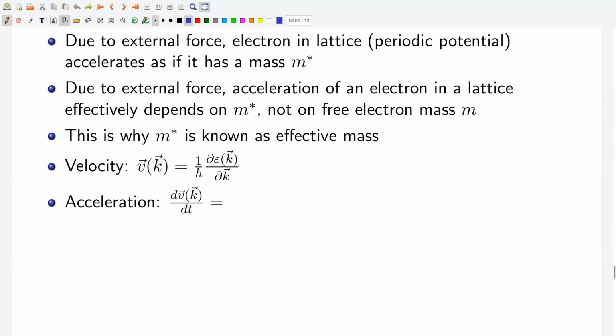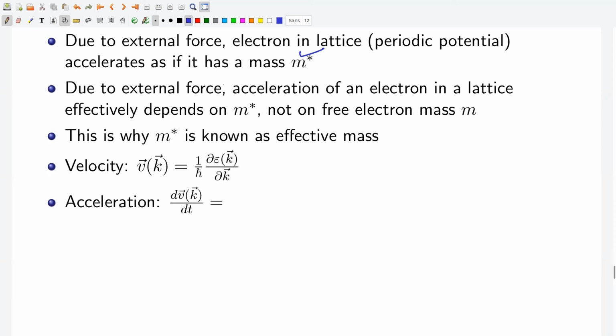We already have seen the connection between curvature and m star of the electron. m star has the dimension of mass and we call it the effective mass. Let me explain why we call it effective mass. An electron in a periodic potential accelerates relative to the lattice due to the external field as if the mass of the electron is m star.